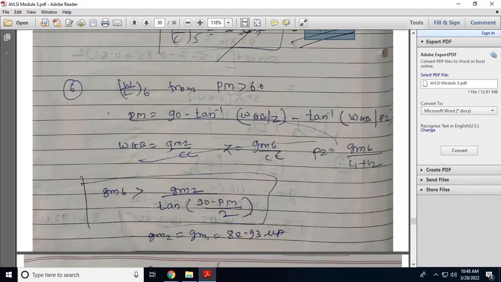Now whenever phase margin is given, how do we calculate size of 6 from the phase margin? Transconductance 6 is greater than Gm2 divided by tan of 90 minus phase margin divided by 2. Now Gm1 and Gm2 are equal, that is 82.93.